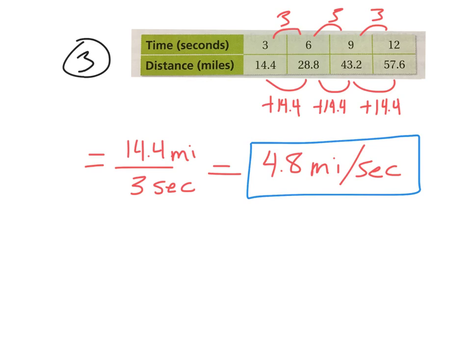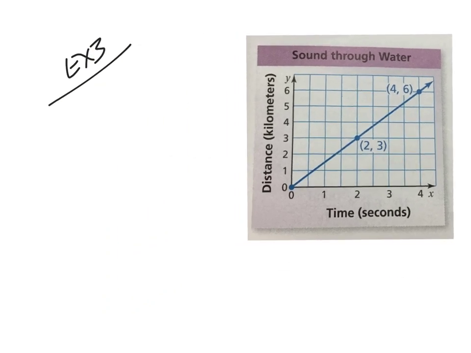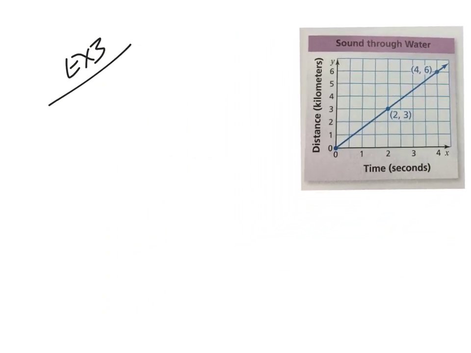All right, let's do example 3. Grab your journals again. Okay, finding a rate from a line graph.